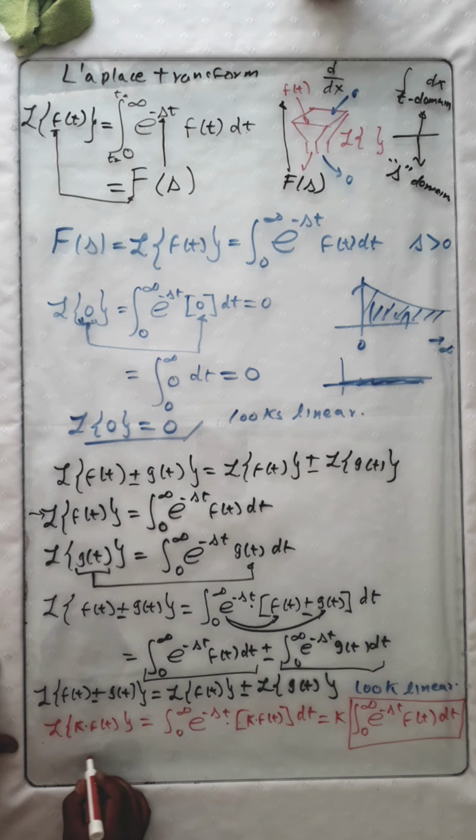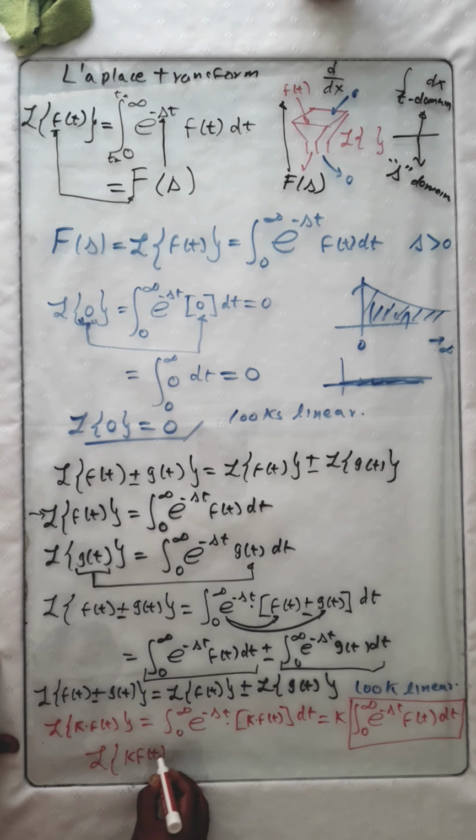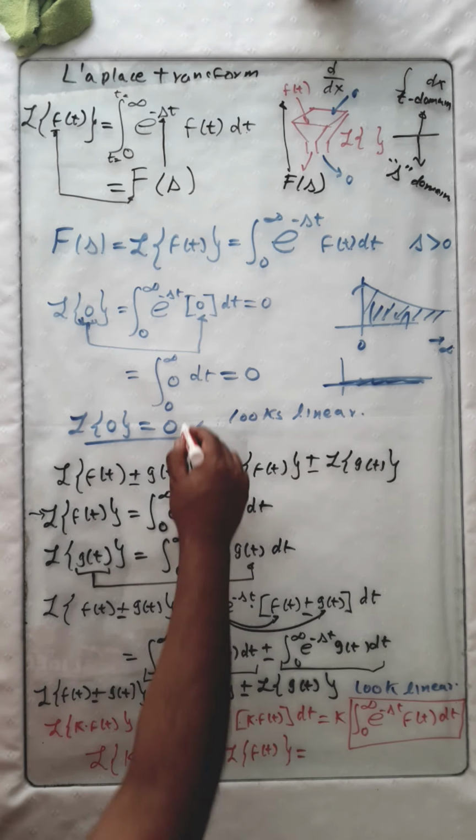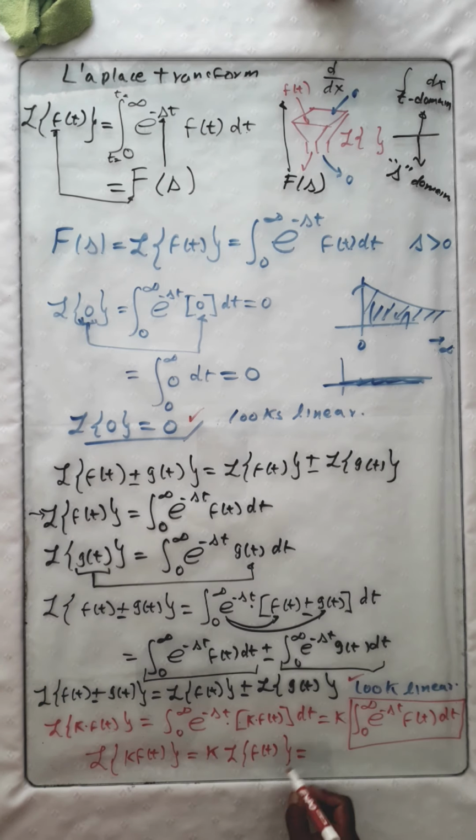So that means that the Laplace transform of k f of t is equal to k times the Laplace transform of f of t. Because we comply with this one, and with this one, then it is linear.